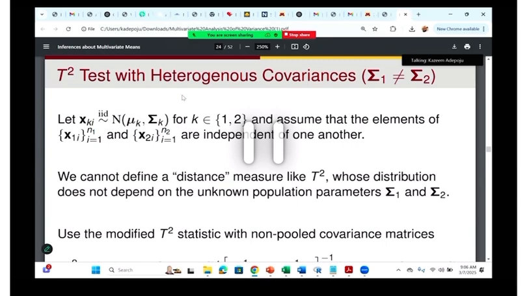And so what happens when the covariance structures are not the same? Okay, I'm going to walk you through that today. And from there, I'm also going to go to a situation where we have multiple vector means, and we want to construct confidence intervals and test hypotheses on that.